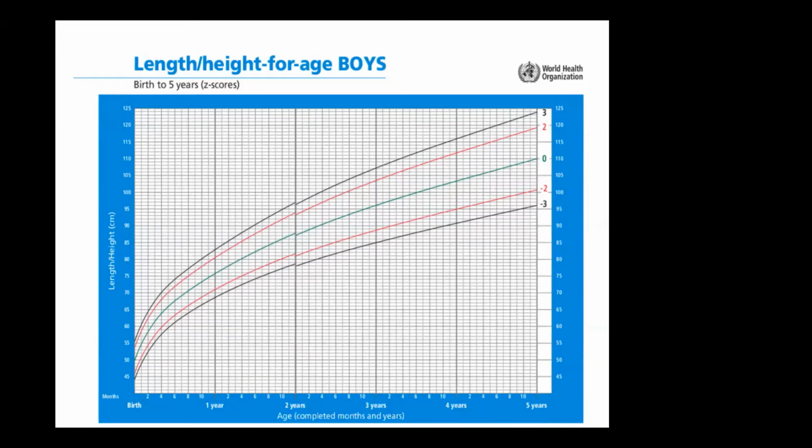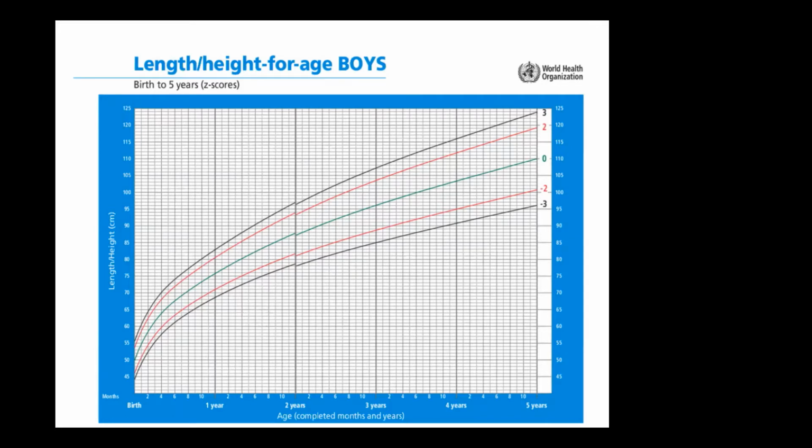Yes, you are right. The World Health Organization formulated this curve to make the standard, and almost all countries follow these growth charts, in regular programs in developing as well as developed countries. Looking at this chart, we will know whether the child is below or above the average.